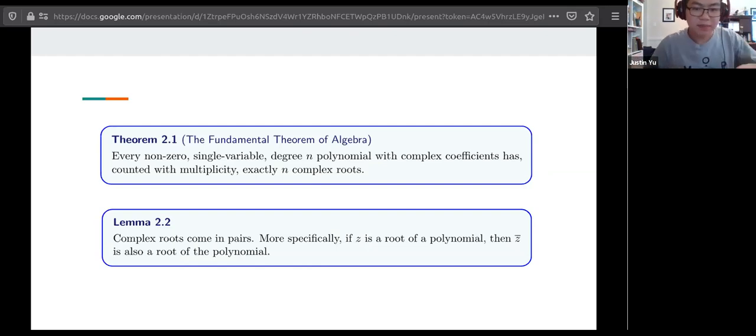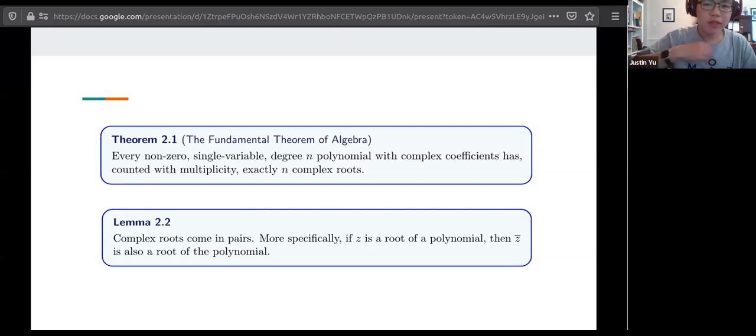Basically, a degree n polynomial has n different roots, and they are all complex numbers. When we say n different roots, we're counting repeated ones as different. For example, the equation (x minus 1) squared has 2 roots. It only has one value, which is 1, but the multiplicity, or the number of times it appears, is twice.